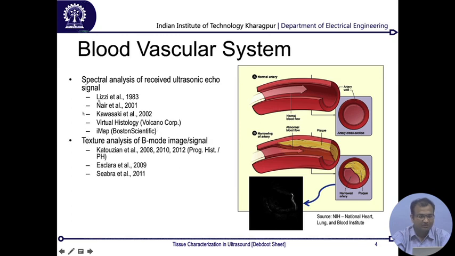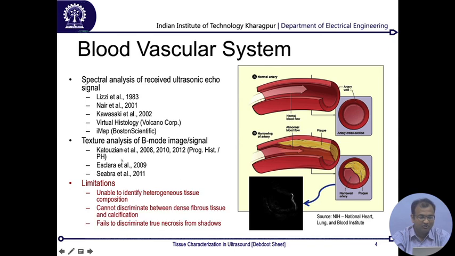A bit later, around 2010, we had methods making use of texture analysis in ultrasound signals and images to find out what kind of tissues they belong to, with quite good success. But the major thing is that all of these methods are still limited because they do not identify heterogeneous tissue composition.